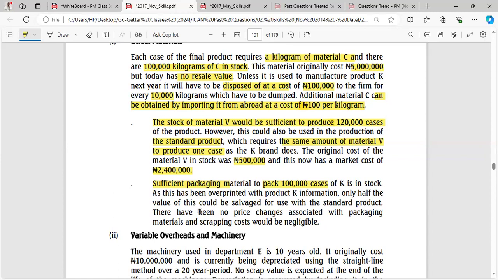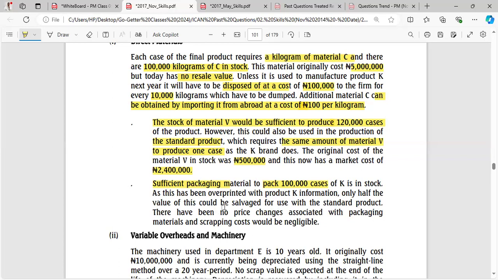Then it said, as this has been overprinted with K product information, only half the value of this could be salvaged with the standard product. So now they said it has been overprinted with K information.